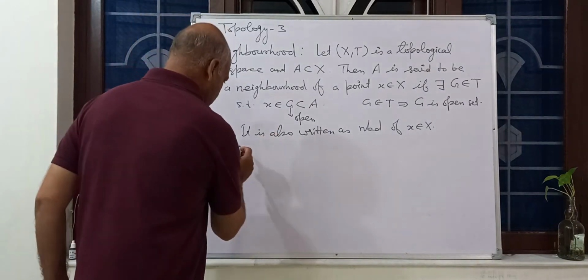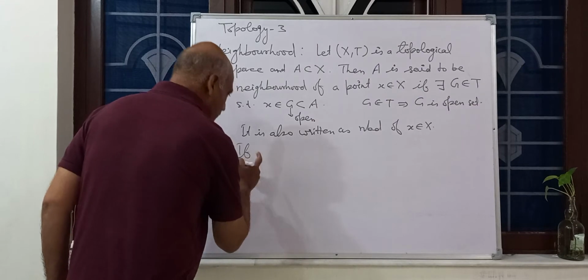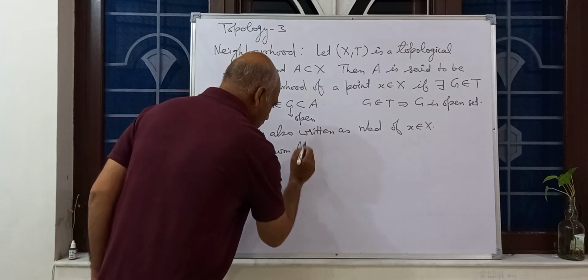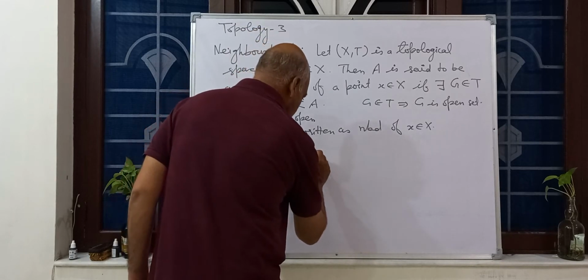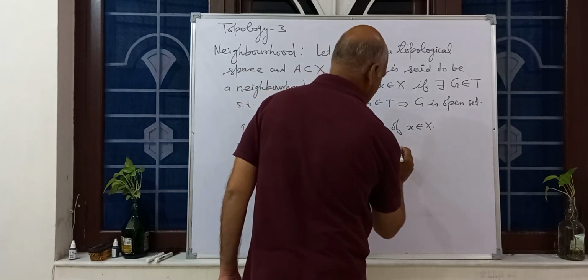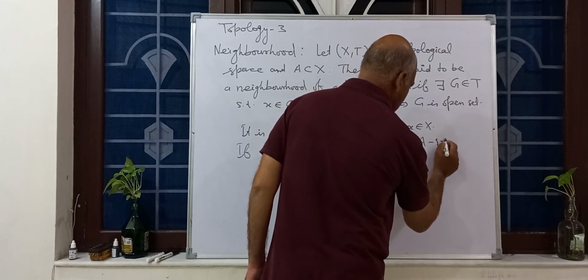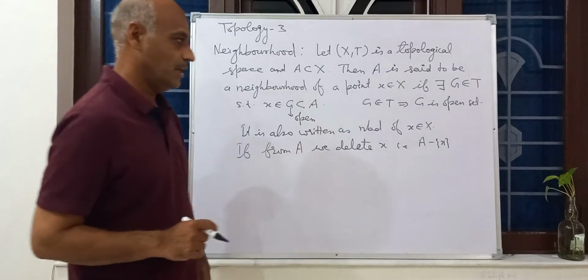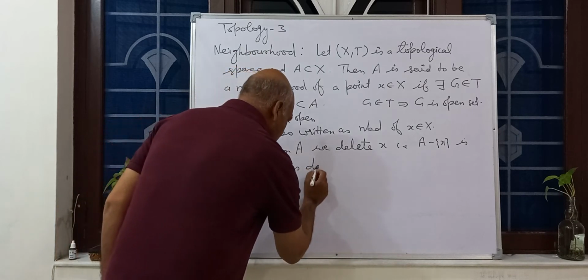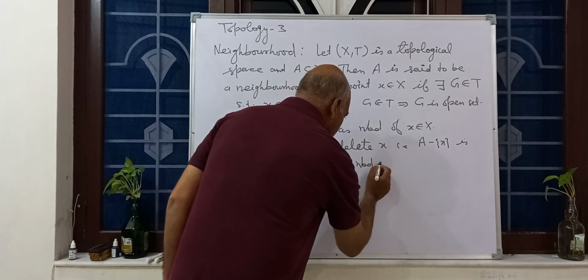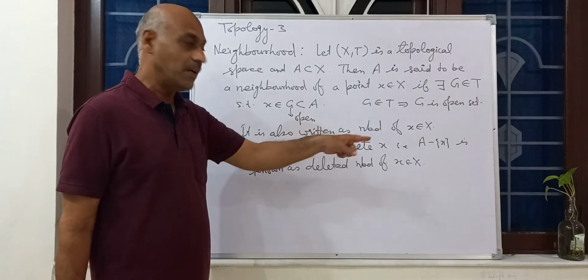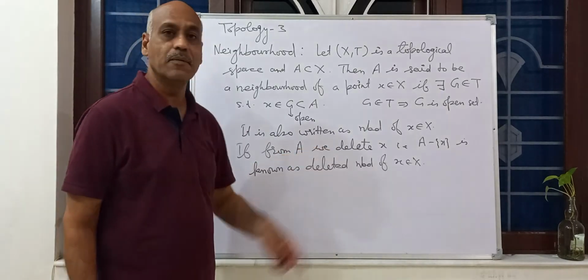So by definition, if from the neighborhood A we delete x, that is A minus x, it is known as a deleted neighborhood of x belongs to X. A is called a neighborhood of x and A minus x is known as a deleted neighborhood of x.